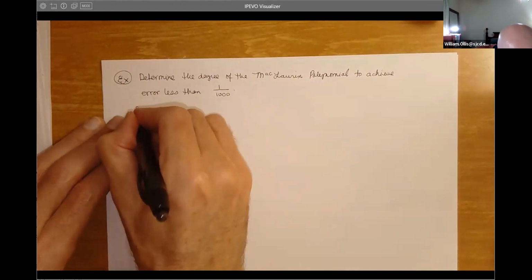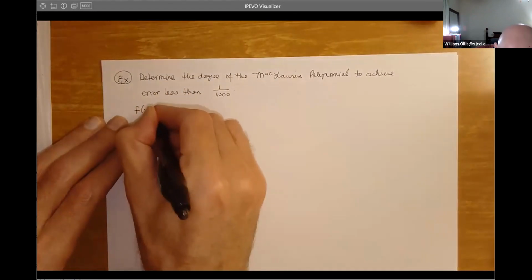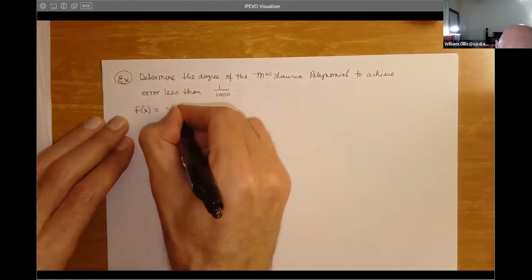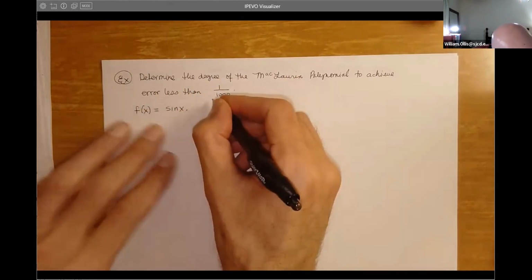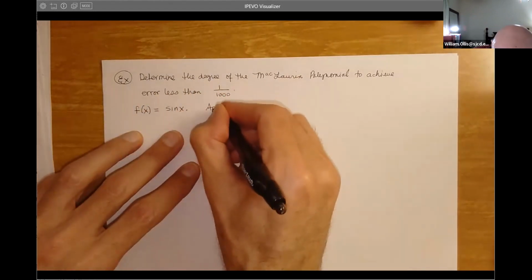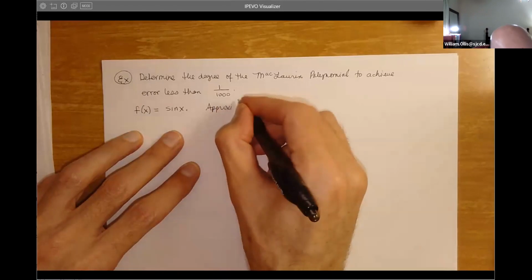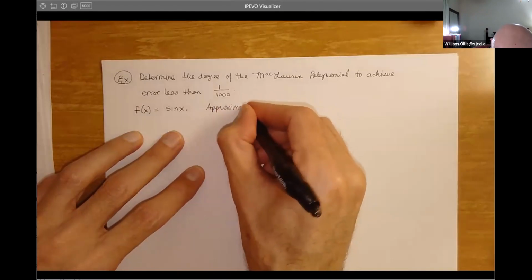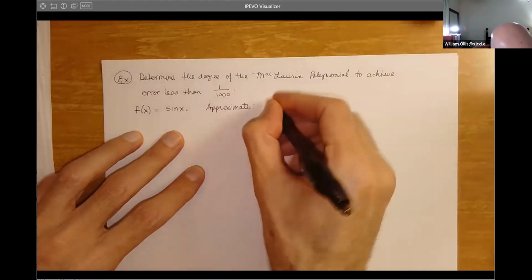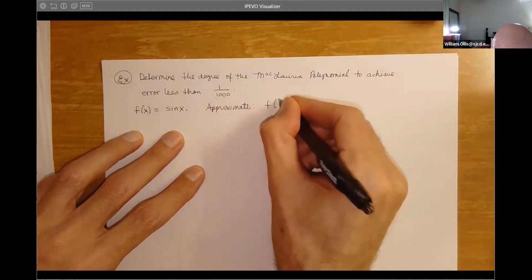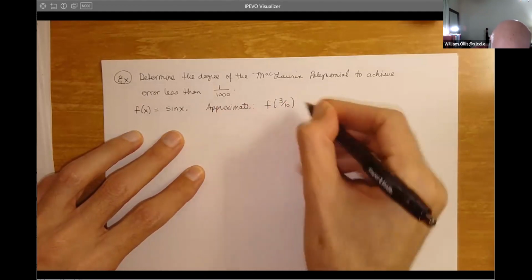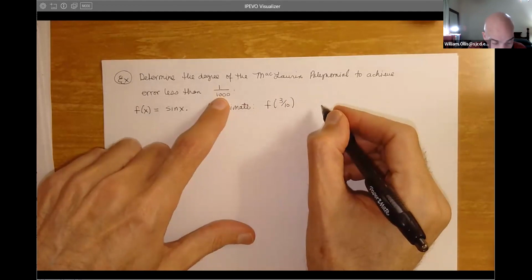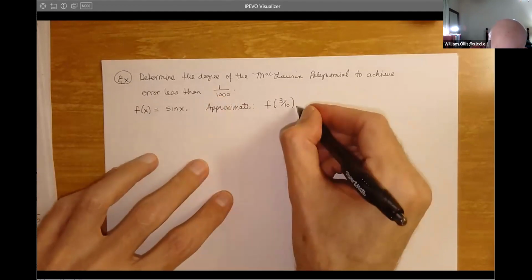We have f of x equals sine x, and we want to approximate, in this case, f of 3/10 with the given error here, with error less than 1/1000.